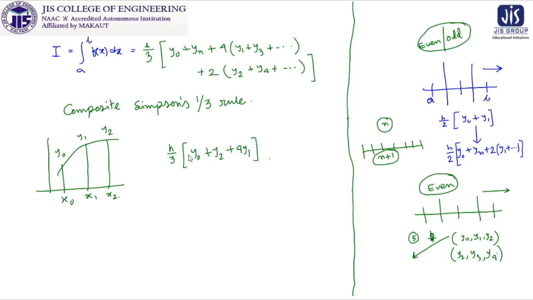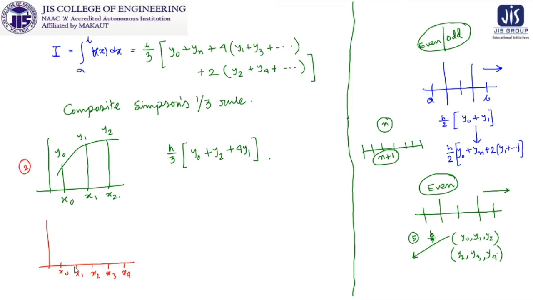Now instead of this, if we have this distribution, x0, x1, x2, x3, x4, that means here we have two subintervals.